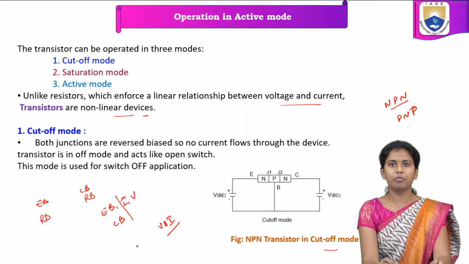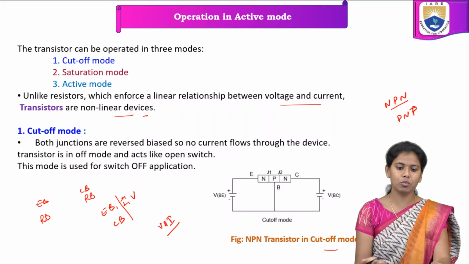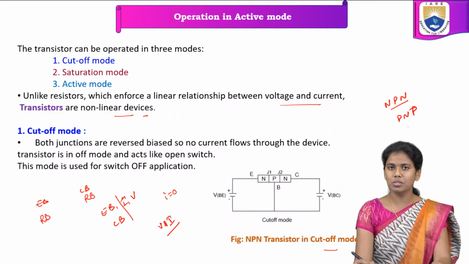Since the transistor is in the reverse bias state, no current flows, that means the current is 0, I equals 0.